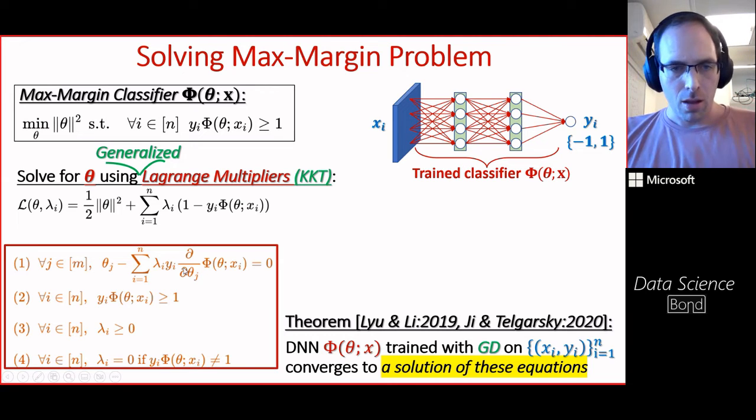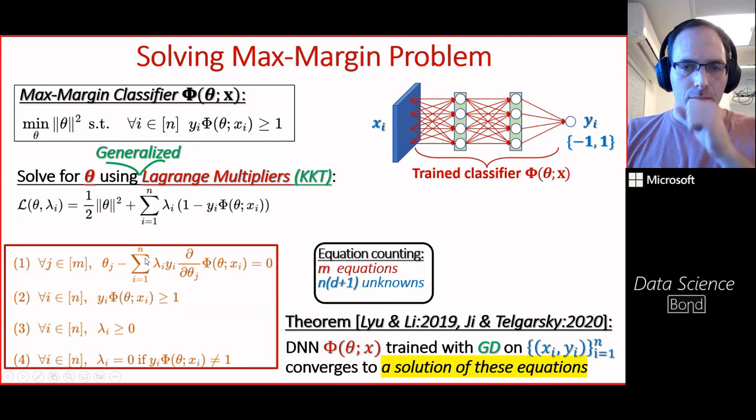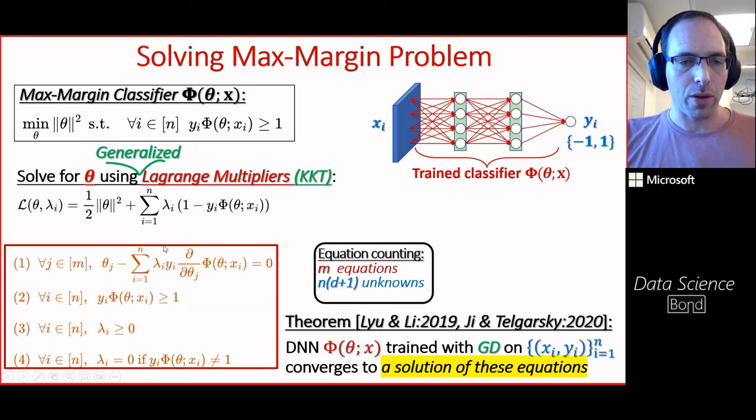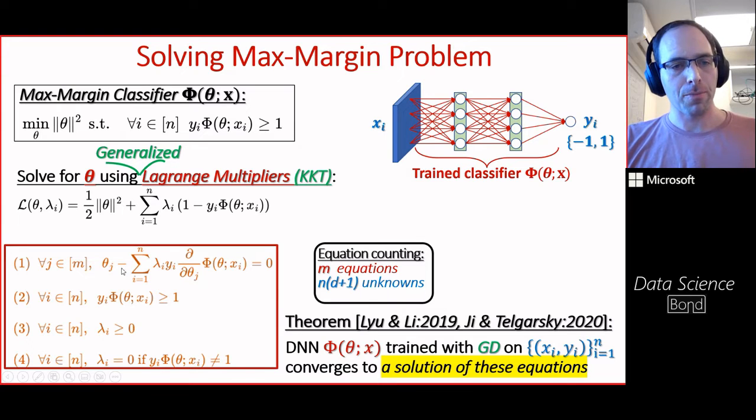Exercise to do. Let's just count the number of equations that we have, because what we are actually trying to do is kind of invert a system of equations. And the most important equations here are those under number 1.